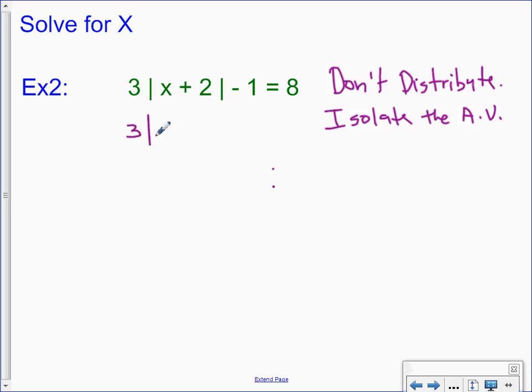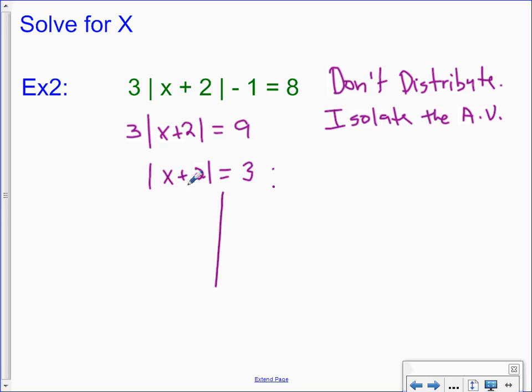So keeping that 3 there, we get 3 times |x plus 2| is equal to 9. Then get rid of the 3. How? Divide. |x plus 2| is equal to 3. Now that the absolute value is by itself, we can break it up.